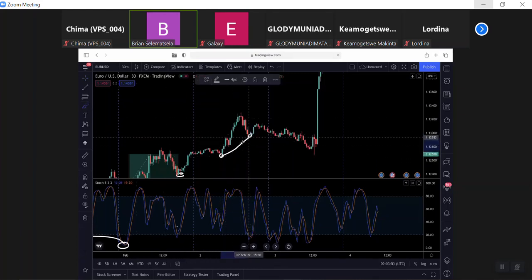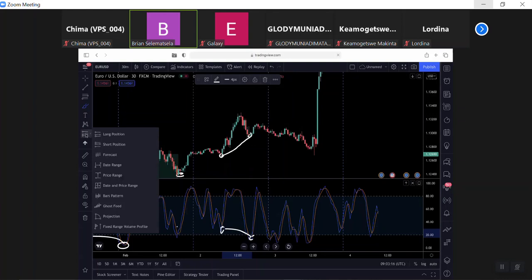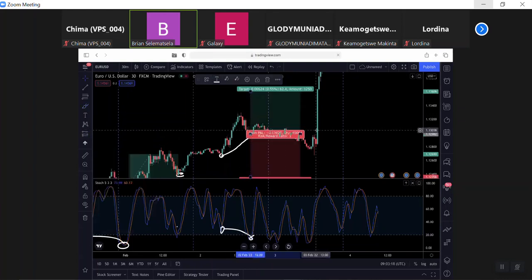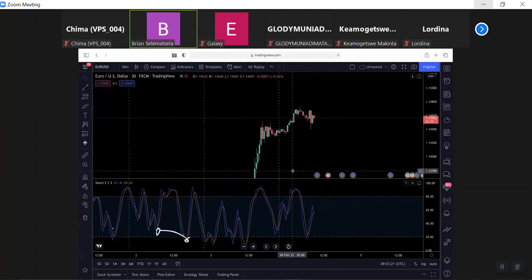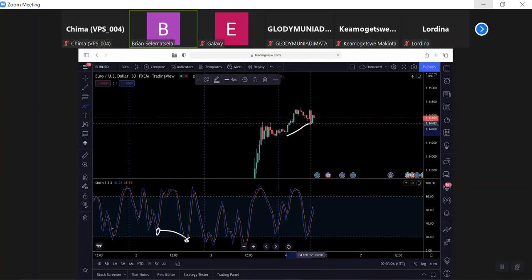You can see from here to there ascending, and again from here to there descending. And simply from here to there, it is crossed to the upside.